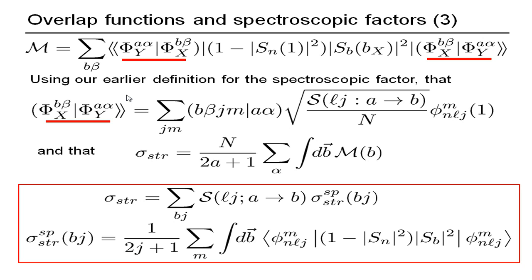So this looks essentially like our initial simple model. The difference is that we can populate several final states, and this cross-section has to be multiplied by the spectroscopic factor for this particular transition.